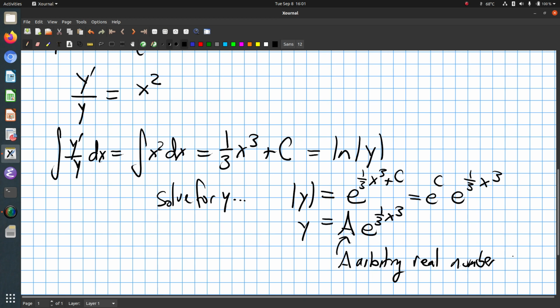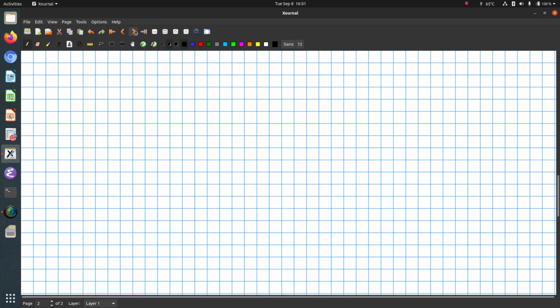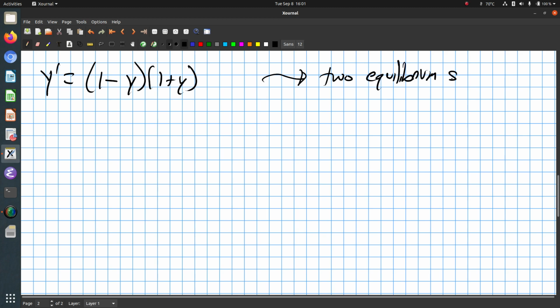It's worth noting, though, that sometimes it's useful to have a few extra algebraic tricks in your back pocket, because sometimes they turn out to be really useful. So let me give you one other example of that. This is a differential equation that has two equilibrium solutions. They are y is equal to 1 and y is equal to negative 1.